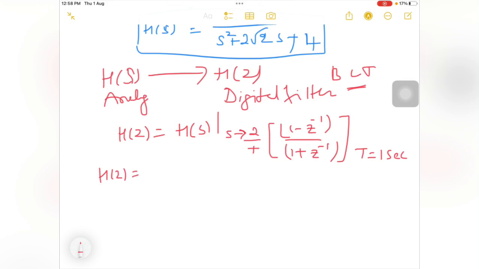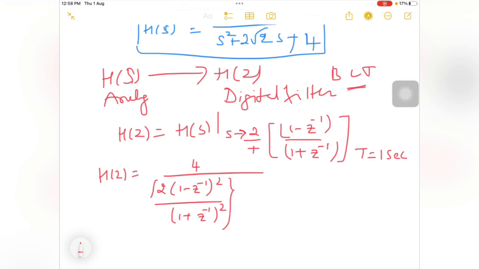So H of z is equal to H of s, which is 4 divided by s square. So s square is nothing but 2 into (1 minus z inverse) whole square divided by (1 plus z inverse) whole square. I will take this whole term as a square, so I will remove this particular portion, s square.